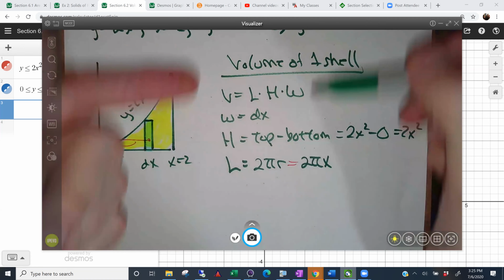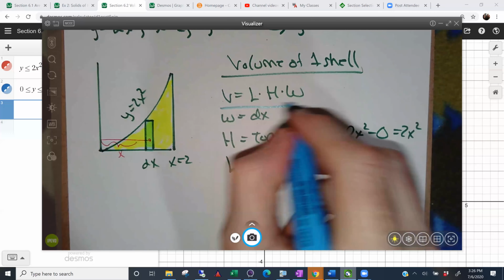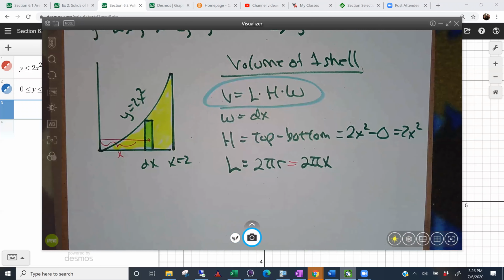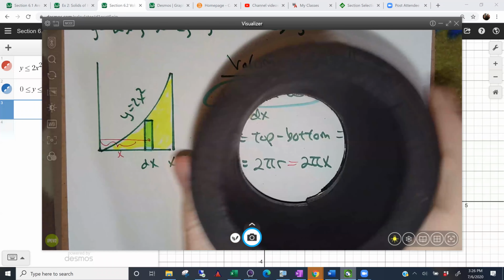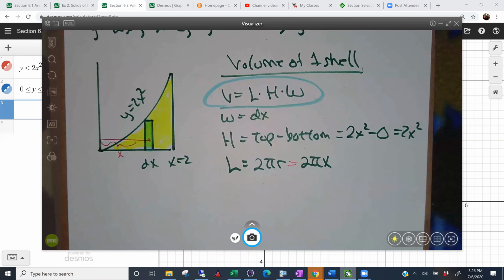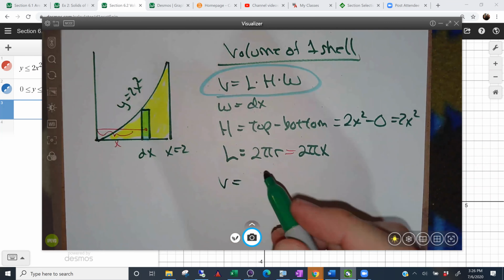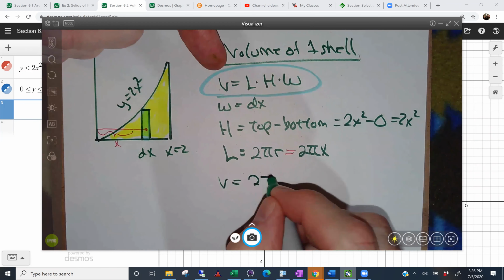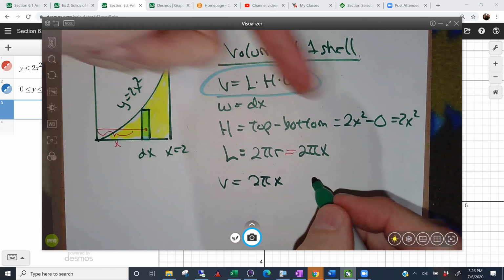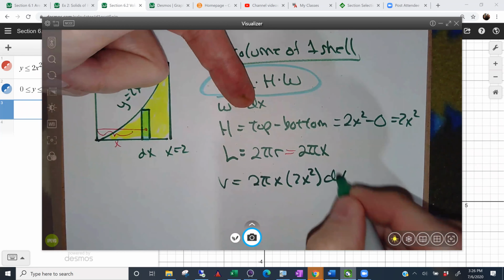Let's put all these things together into this formula and find the volume of one shell. That is one of these, one little beer holder. All right, so volume of one shell, it's going to be volume equals the length, which is 2 pi x, times the height, which is 2x squared, times the thickness, which is dx.